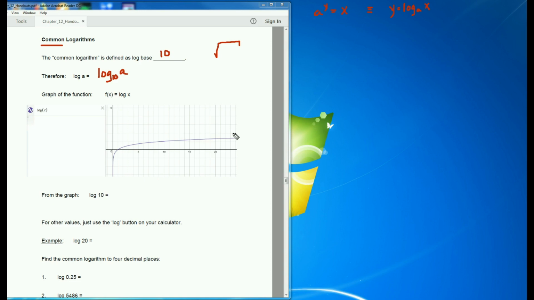All right, so here's what the graph of the function looks like. This is f of x equals log of x, or in other words, log base 10 of x. If we look at the graph, we can ask, what is log of 10?